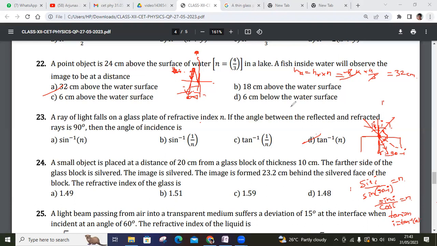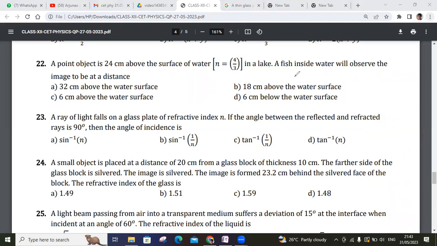Then we have the 24th. What is the 24th problem? A small object is placed at a distance of 20 centimeter from a glass block of thickness 10 centimeter. The farther side is silvered, and the object is here at 20 centimeter from the glass block.